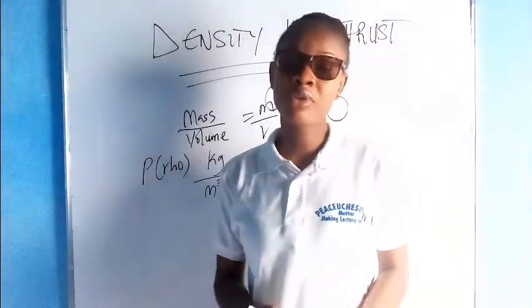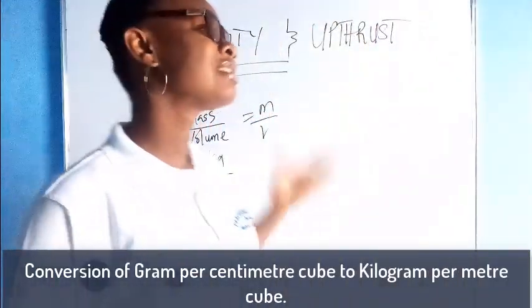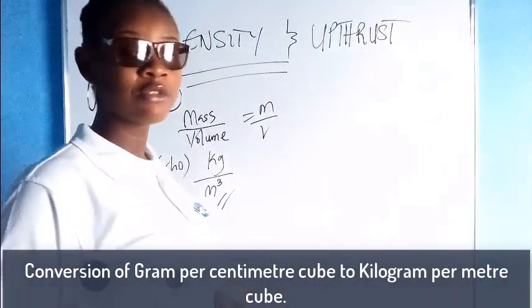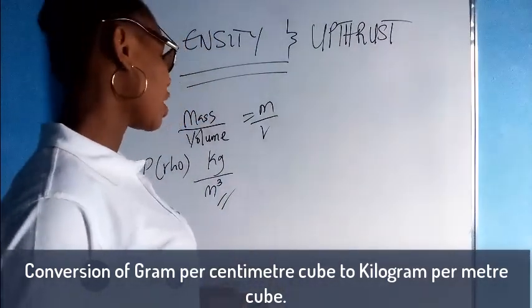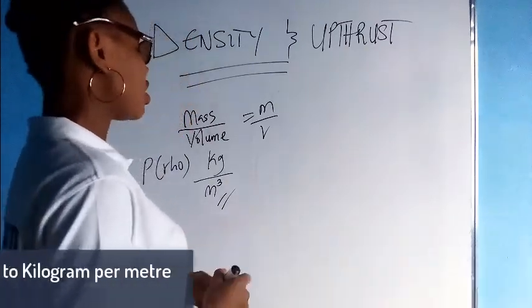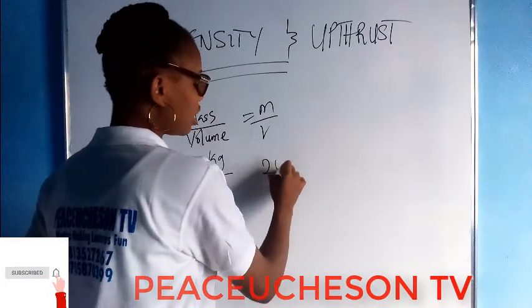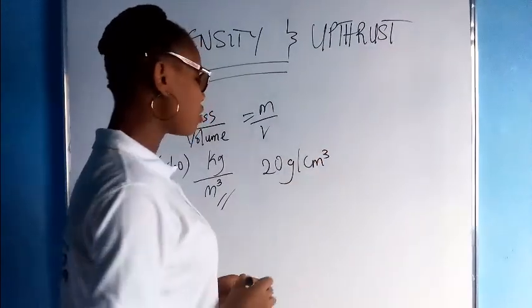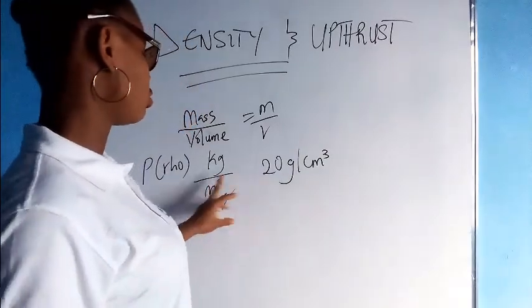But in cases where we have our results in gram per centimeter cube, how do we go about it? It's quite easy. Let's say, for instance, you have your answer as 20 gram per cm cube. How do I convert this to this?